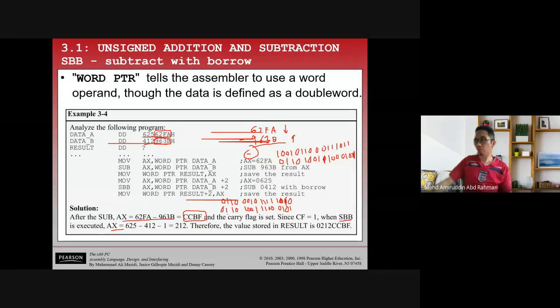So when we have this, we perform the addition. So the result will be 1, 1, 1, 1, 1, 1, 0, 1, 1.